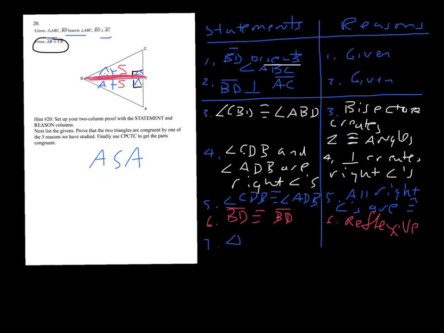The two triangles have to be congruent to each other. Triangle ABD must be congruent to triangle CDB. The reason is because of angle side angle. And now that I've got two triangles that are congruent, corresponding parts of congruent triangles are congruent.